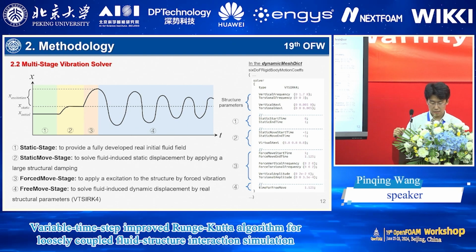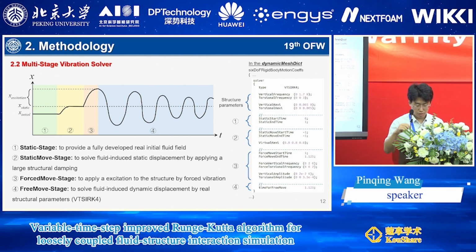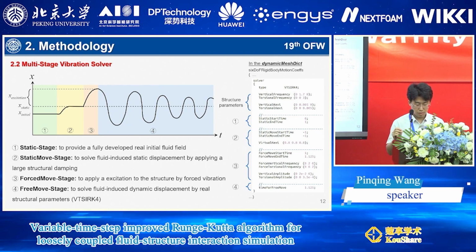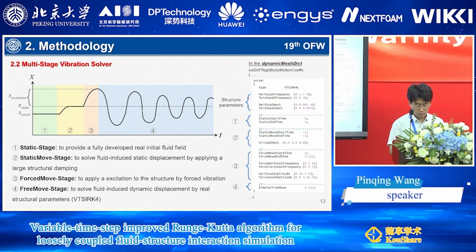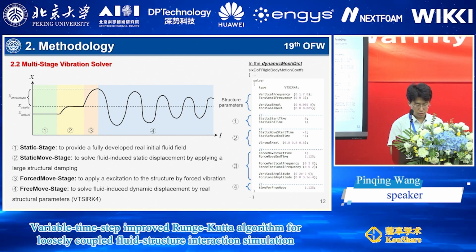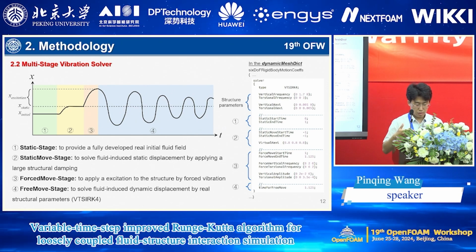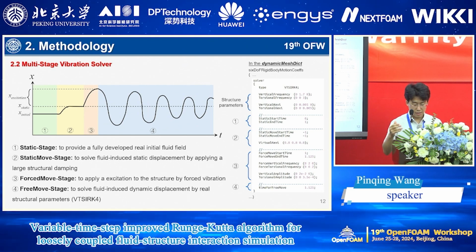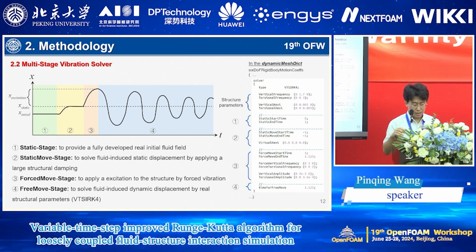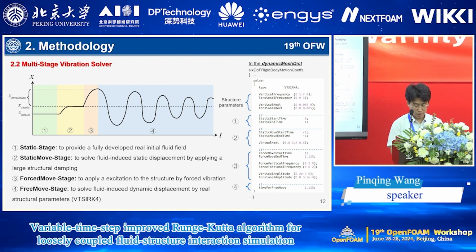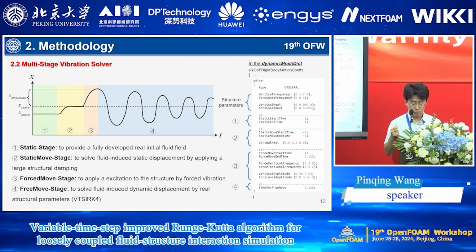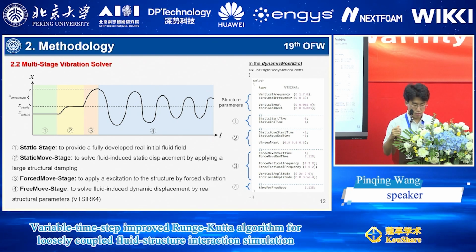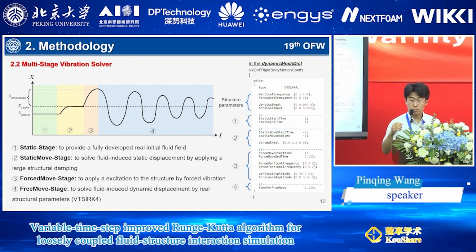It can effectively reduce the transient dynamic effects, which is beneficial for computational stability. The third kind of stage is the forced move stage. It can apply forced vibration to the rigid body, and it can also be used to apply external excitation. The last kind of stage is the free move stage, which can solve the fluid-induced dynamic displacement by the VTS IRK in real time with the real structure parameters.